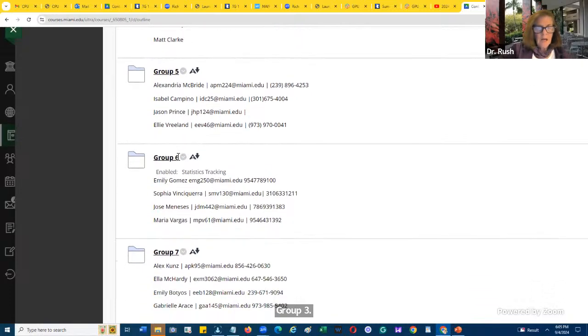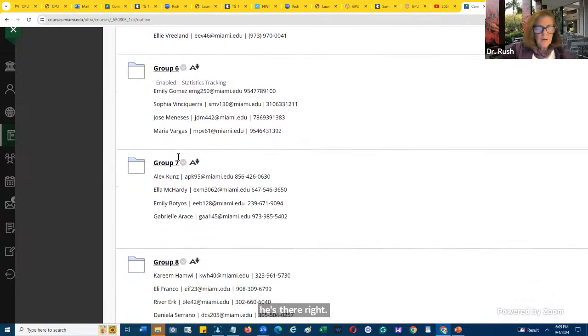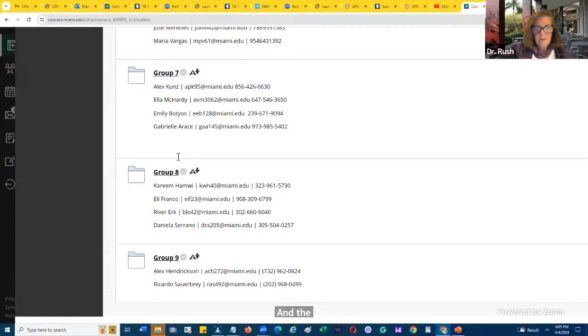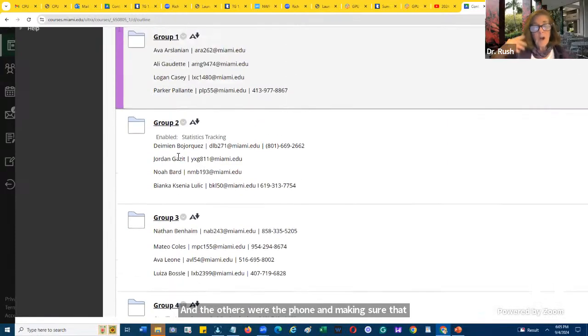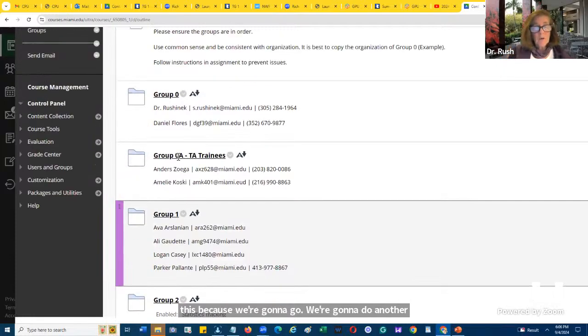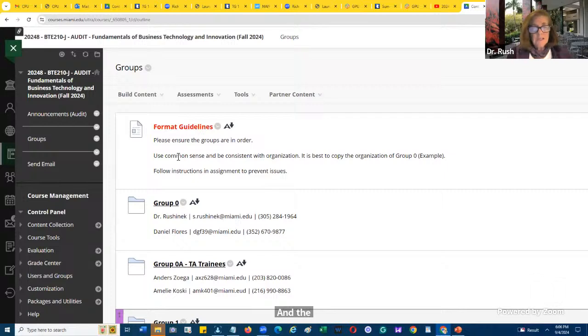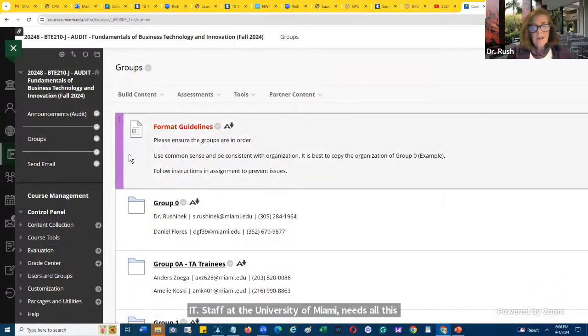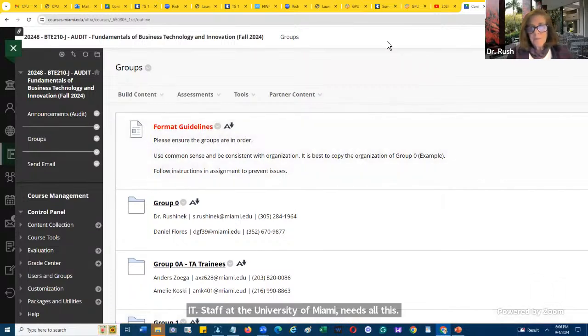Make sure everybody has it completely filled. We're going to need this because we're going to do another exercise on forecasting using Microsoft's cloud, and the IT staff at the University of Miami needs all this data from us in order to use it. I'm going to stop sharing.